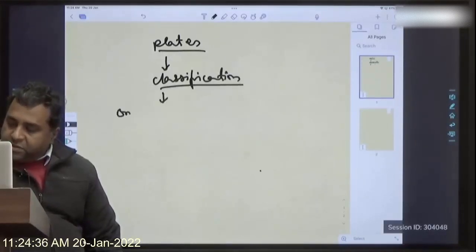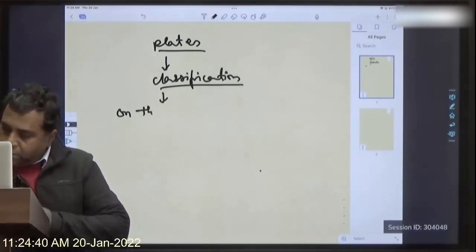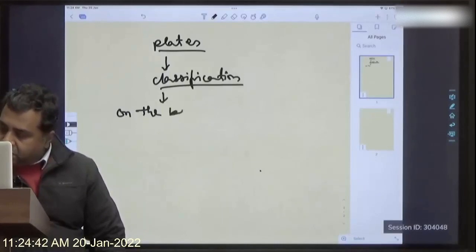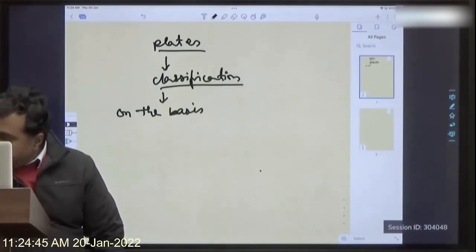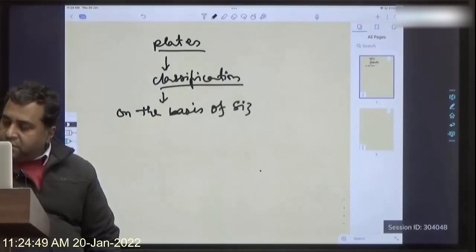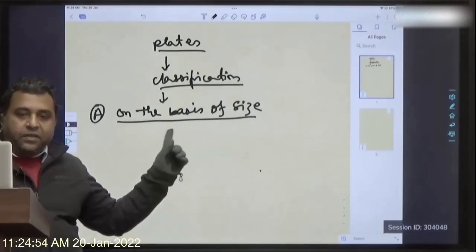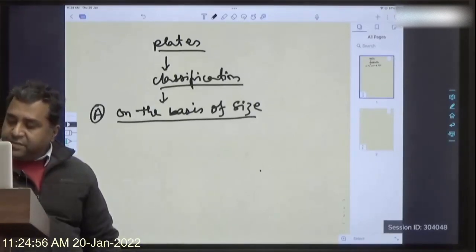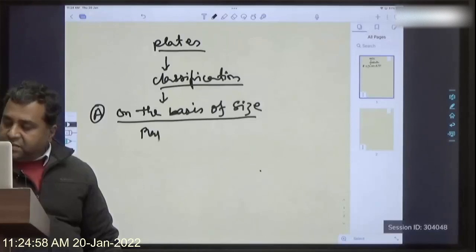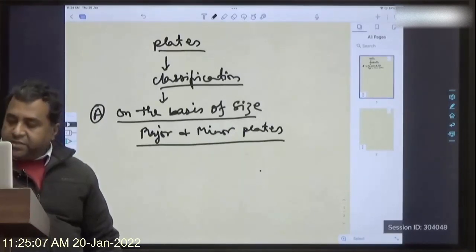Classification A, on the basis of size we have major and minor plates. Okay, so this one we have done. Next.